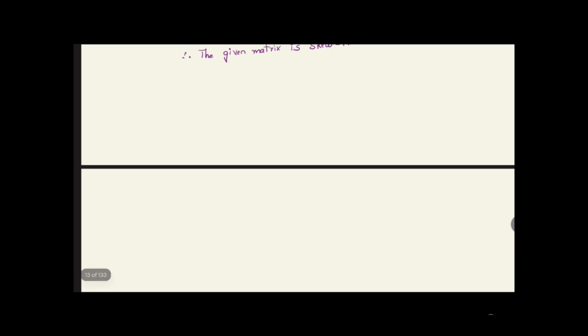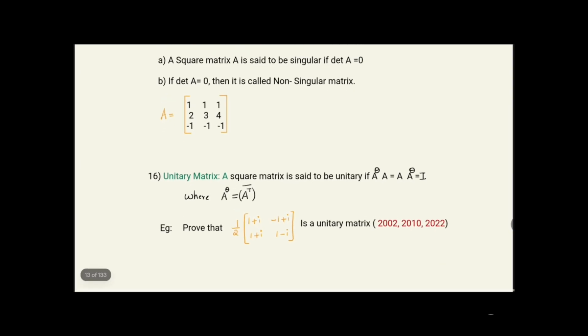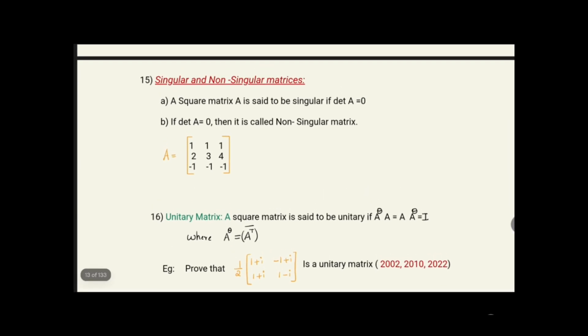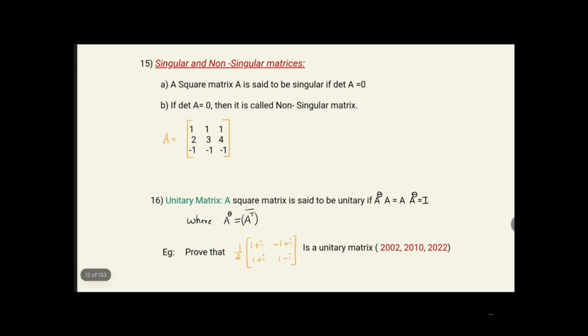Now coming to the next type of matrix, that is singular and non-singular. The only difference between singular and non-singular is the determinant. If determinant is equal to 0, then it is a singular matrix. Sorry, here it is not equal to, I am sorry, students.